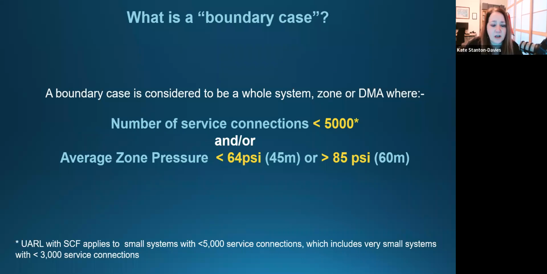It's important to note that if you don't have these conditions, so if you're operating in a system or a zone or a DMA with more than 5,000 service connections, or your pressure is sitting between 64 PSI and 85 PSI or 45 to 60 meters, then the standard 1999 UARL equation will be absolutely fine for you to calculate your UARL volume targets.